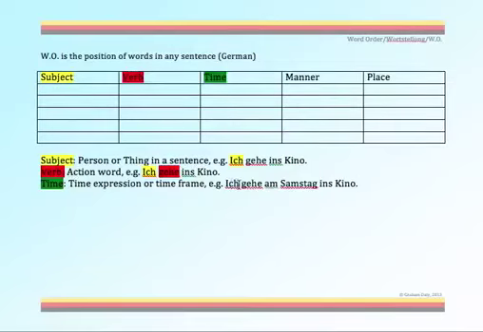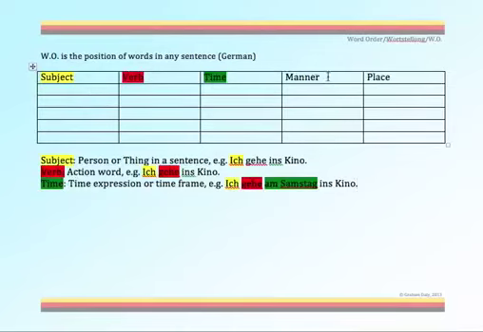We already know the ich part is the person doing the sentence, which is I. What am I doing? I am going. And sorry, what time am I going at? I'm going on Saturday. So the first three parts of the sentence in German are the yellow piece, the red piece, and the green piece.